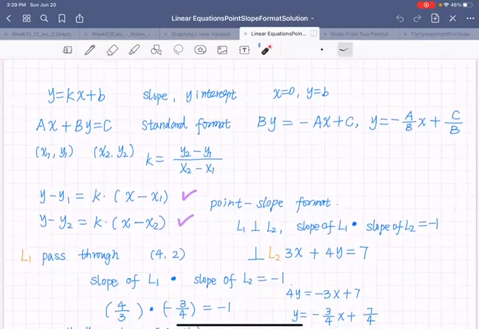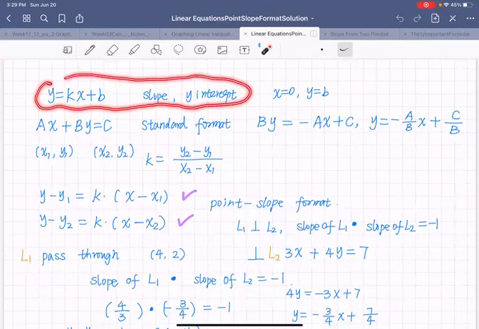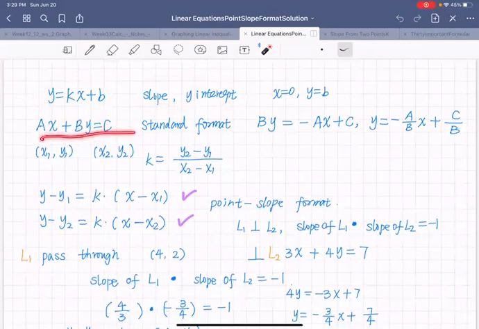You have no book, you want to write down the notes here. Look, I already showed you this. This is called the slope-intercept format, and the second one is called the standard format. How do I change from standard format to this format? y equals -ax plus c divided by b.